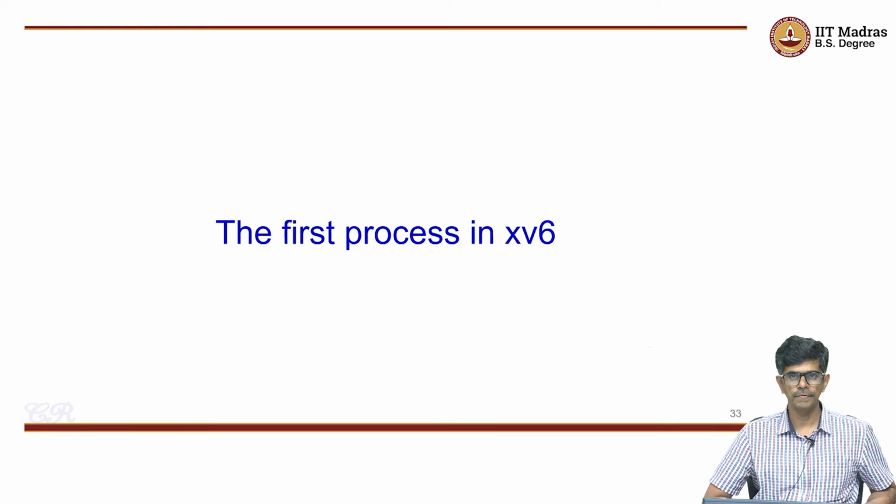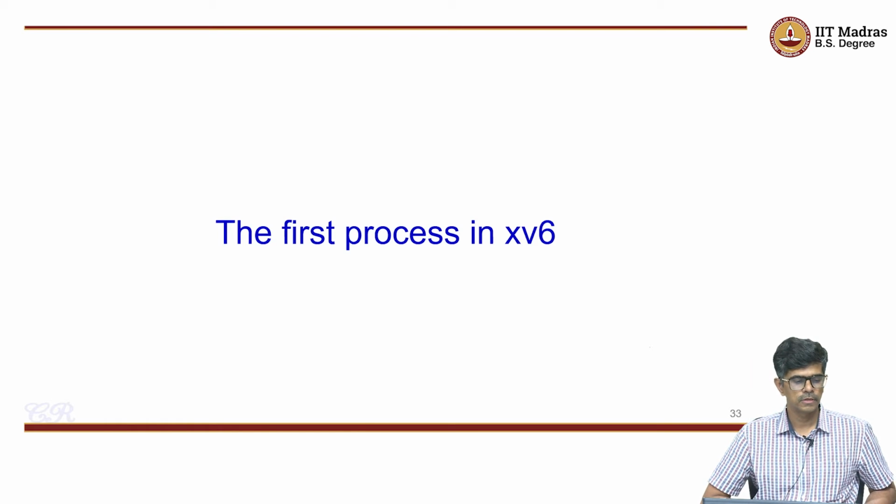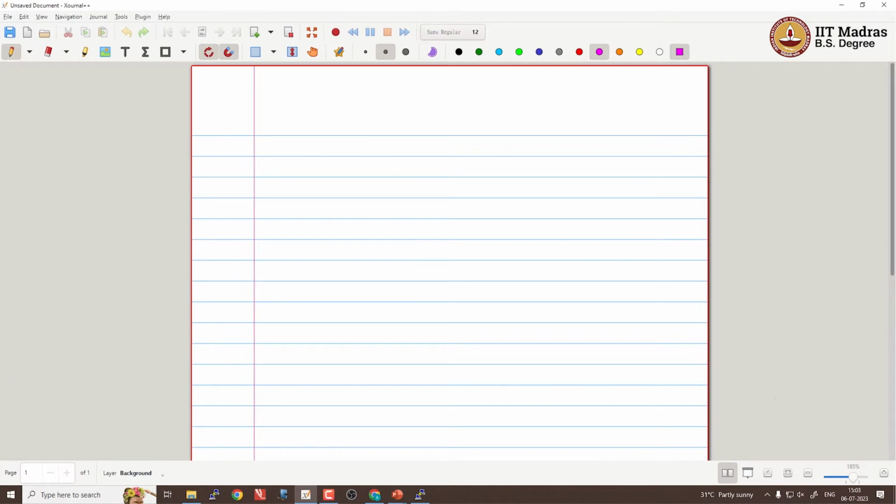So we were looking at the first process in XV6, right? So what does it mean? A quick recollection. When the CPU is turned on, there is a reset, and what we've seen is that a small piece of code in entry.s starts executing, which then invokes start.c and finally main, right?